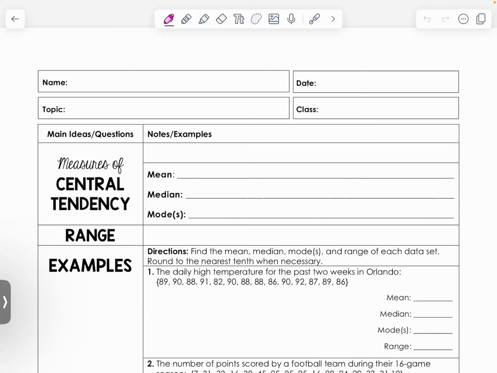So we're talking about measures of central tendency. That's basically describing the middle.